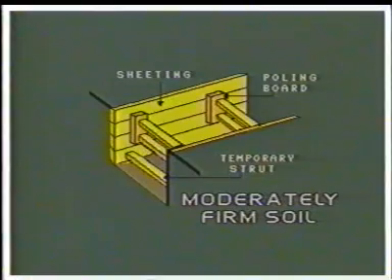The other difference between timbering in firm and moderately firm soils is that the vertical boards are placed close together in case of moderate soils. In loose soil, the timbering can be done in the same way as that of moderate soils.